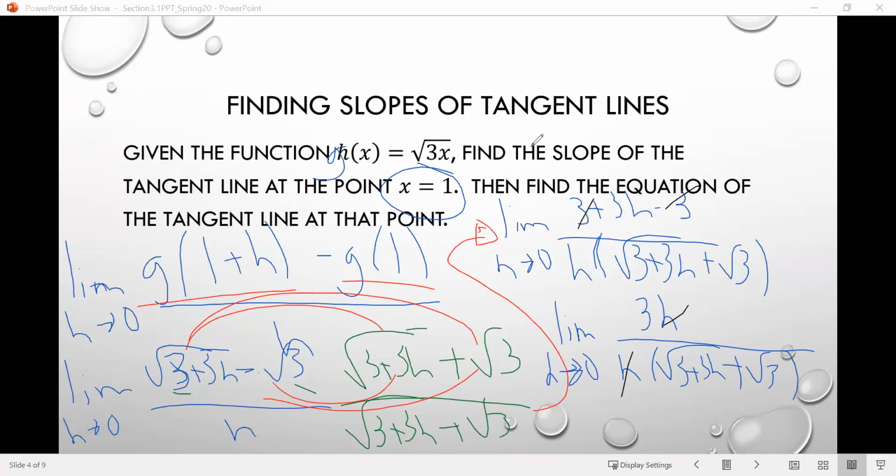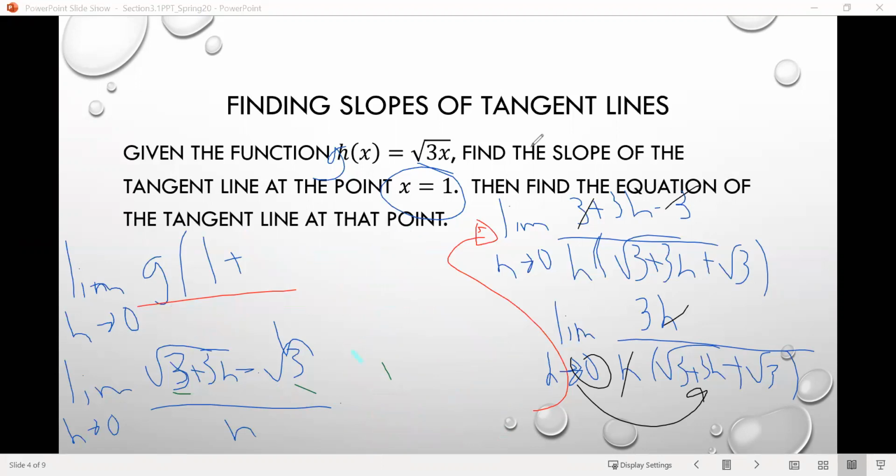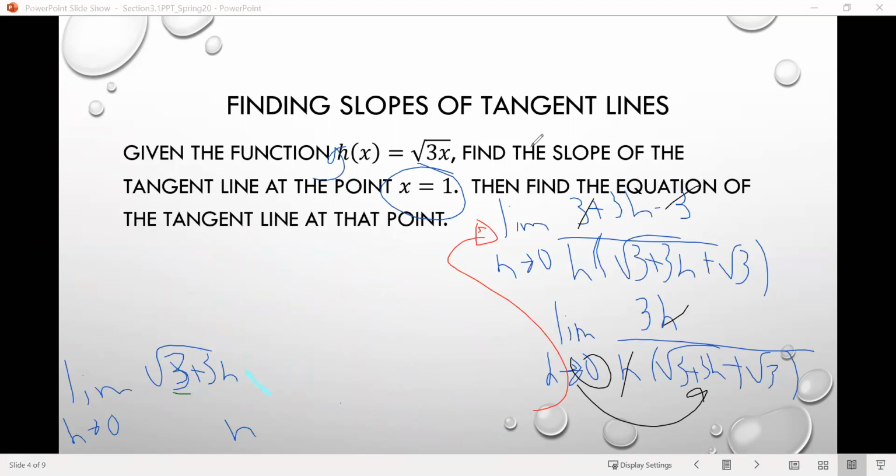And at this point, now we'd have 3 over square root of 3 plus 3h plus root 3. We can now input this value of 0 for h, because it's now in the domain of this function. So I have to erase some stuff over here to make room. Okay, so we're going to input 0 for h there.